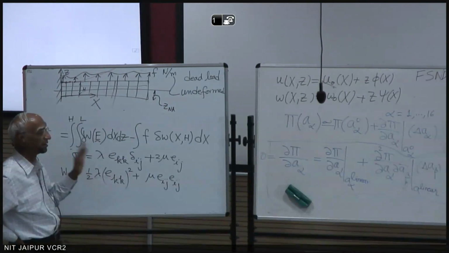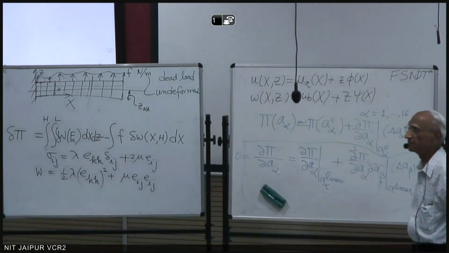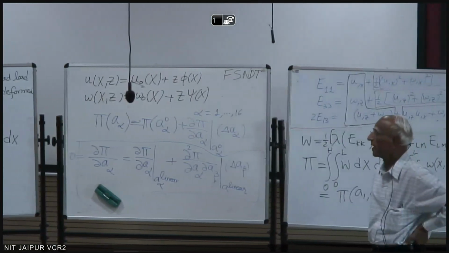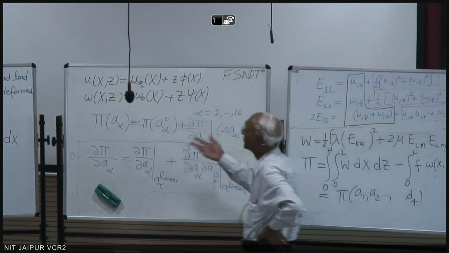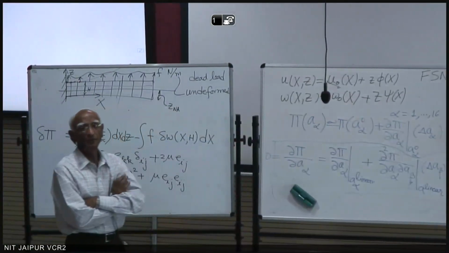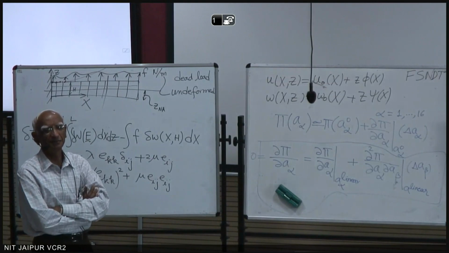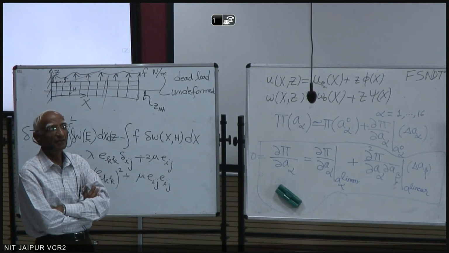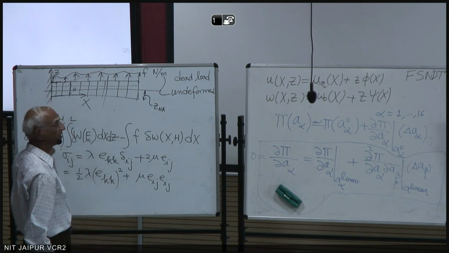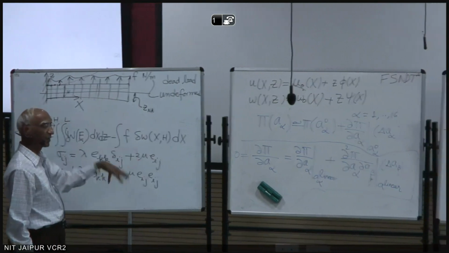Initial guess, yes, A naught alpha is from the initial guess, right? In our variation here, we have already done it. We did not account for the work done by external forces.